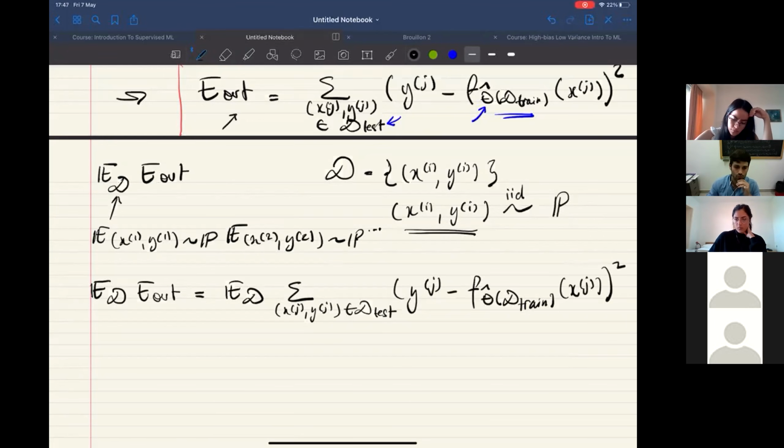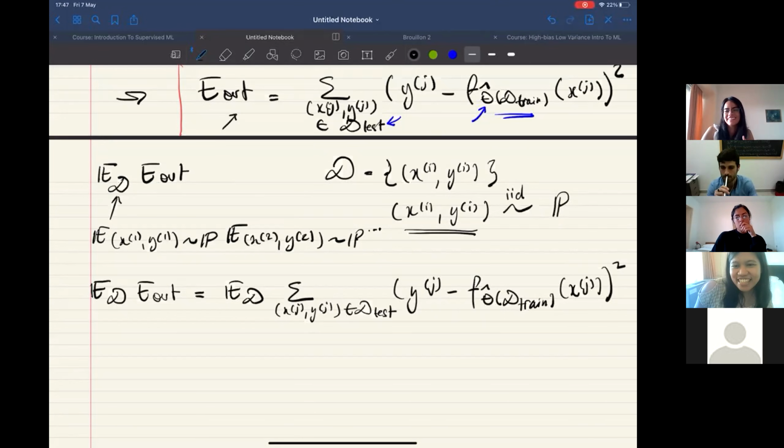In order to concretely say things here, I will assume a generic model for the data. Yes, will there be caveats with the assumption that the data is IID? So you mean if the data is not IID, is there a problem? Here you assume that the data is IID.